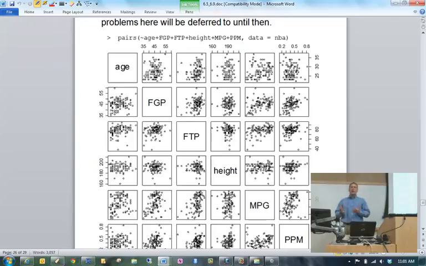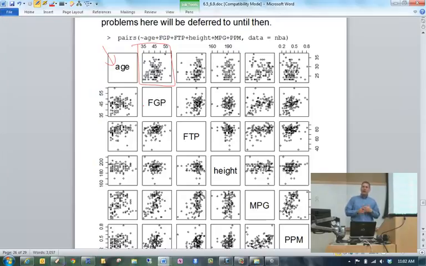In order to read a scatter plot matrix, basically just think of the diagonal elements of this matrix-like structure as containing our variable names, and the off-diagonal elements contain actual scatter plots. For example, this particular scatter plot is age on the y-axis and field goal percentage on the x-axis.